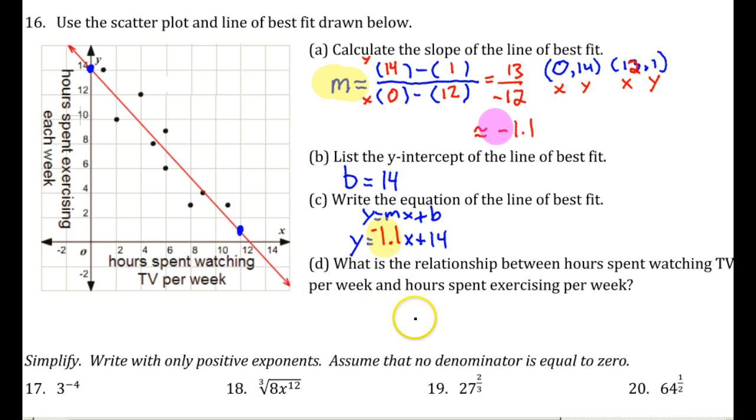What's the relationship between the hours spent watching TV per week and hours spent exercising? So how would you describe that in words? What would you say?